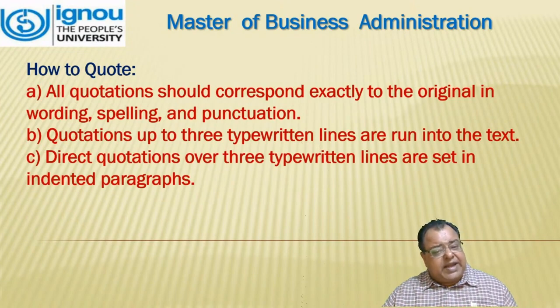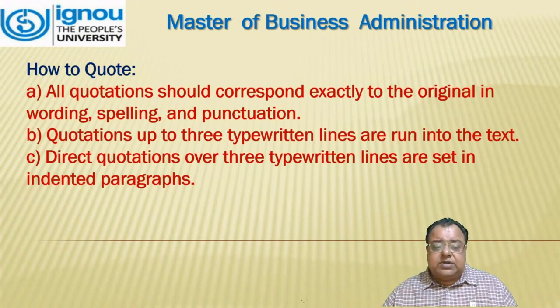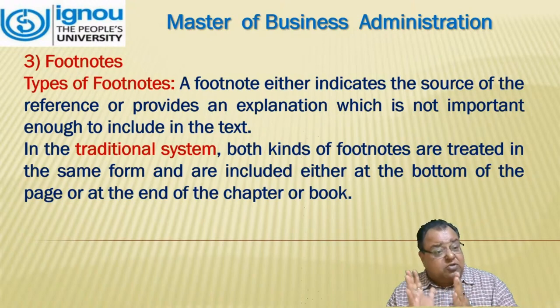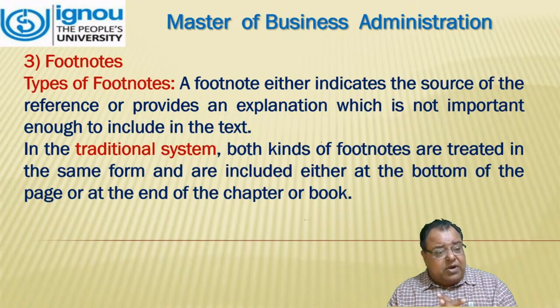Quotations up to three typewritten lines are run into the text. Direct quotations over three typewritten lines are set in indented paragraphs. Footnotes. Types of footnotes. A footnote either indicates the source of the reference or provides an explanation which is not important enough to be included in the text.